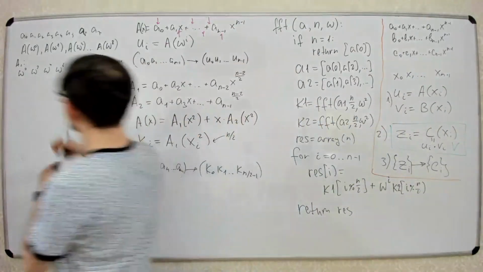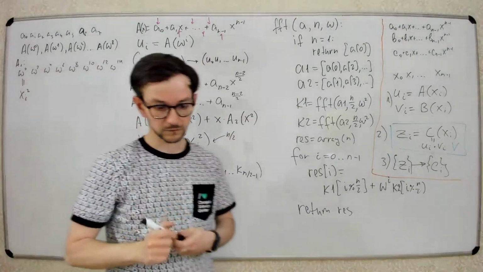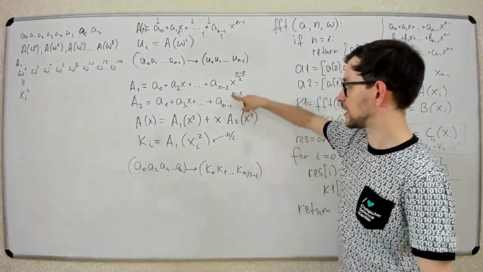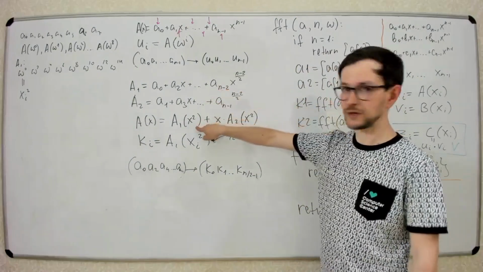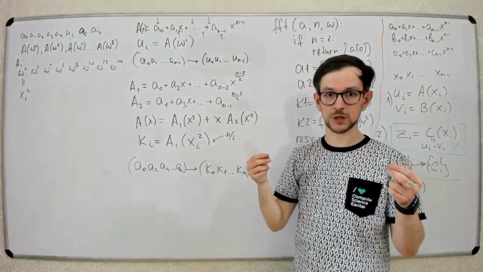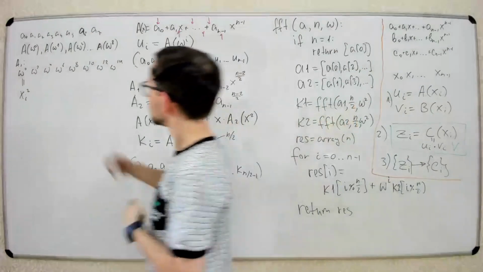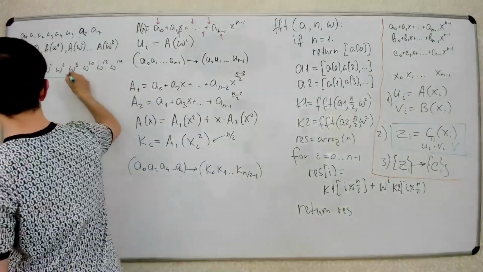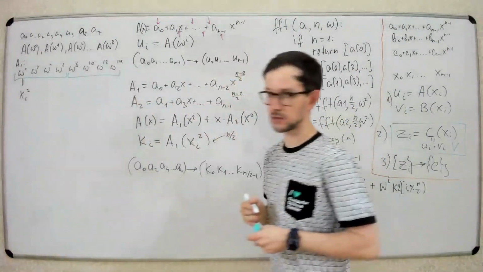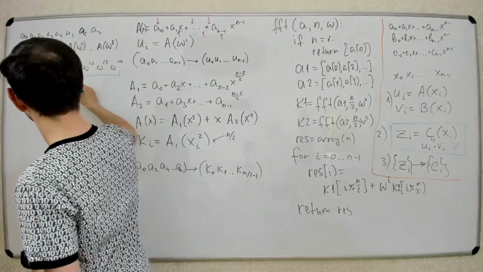So again, this is x_i squared, right? So I need to calculate values of polynomial A1 in point x squared. So these are all squares of my x's. In this array, there are only 4 different values. So these values are the same as these values, because W power 8 is the same as W power 0.